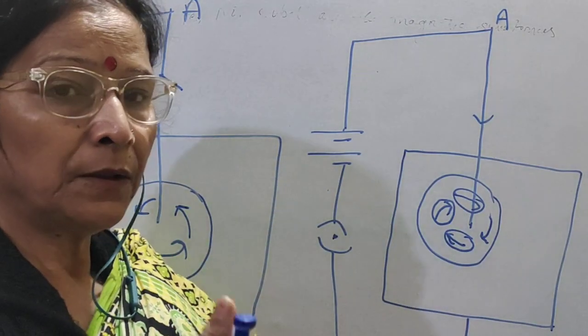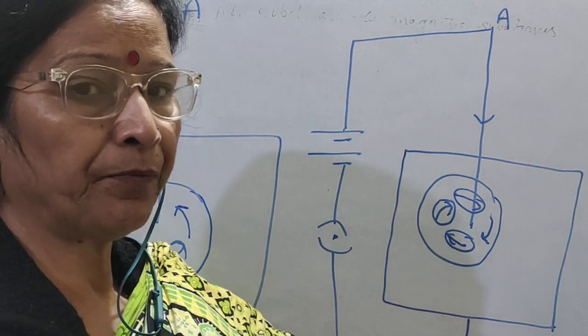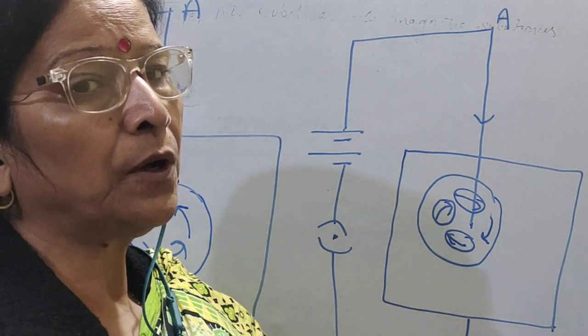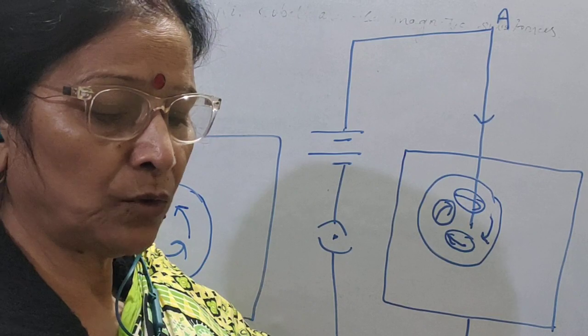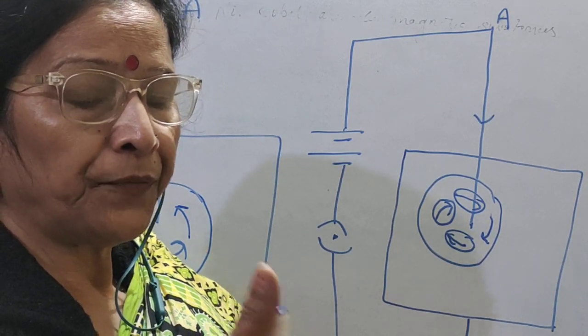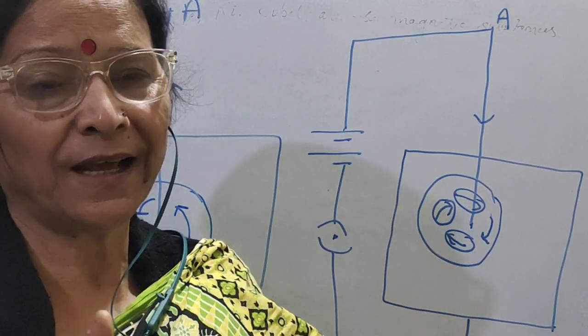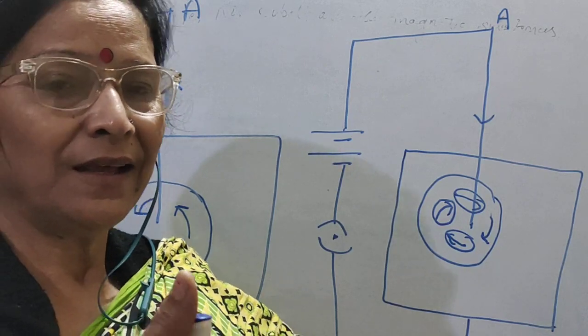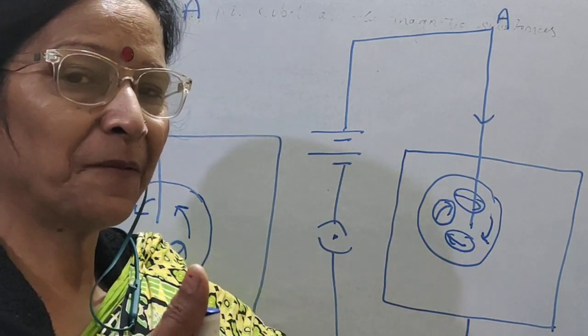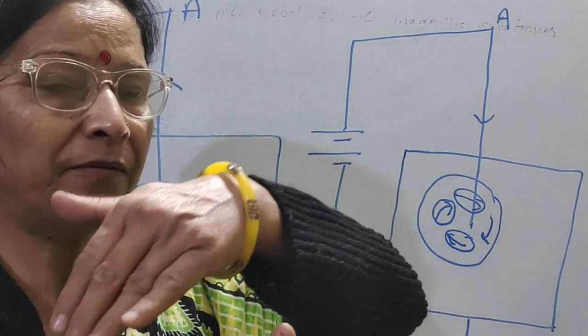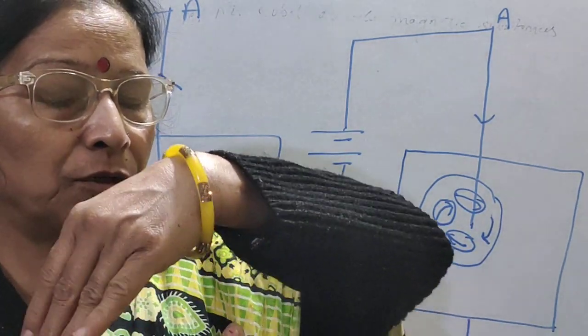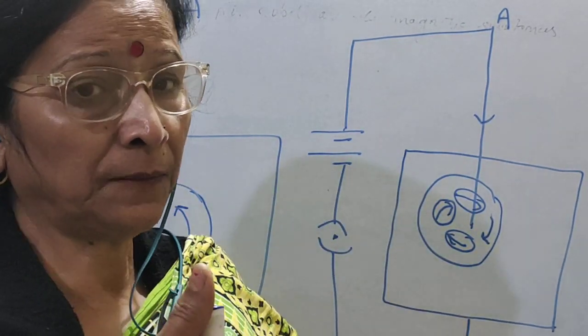Okay, so again let's recall Maxwell's right hand grip rule or Maxwell's right hand thumb rule. If we hold a conductor in the right hand such that the thumb represents the direction of current, then the wrapped fingers will represent the direction of magnetic field around the conductor.